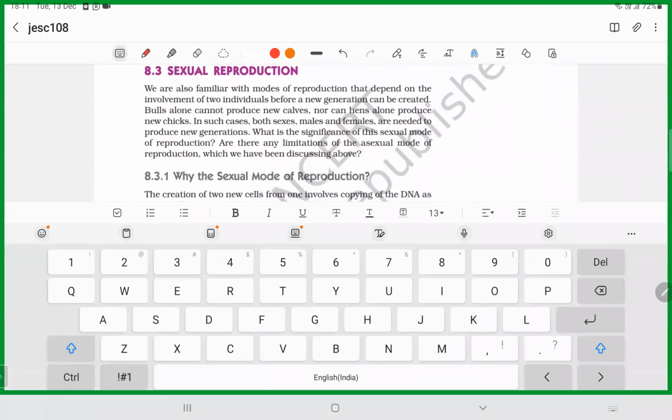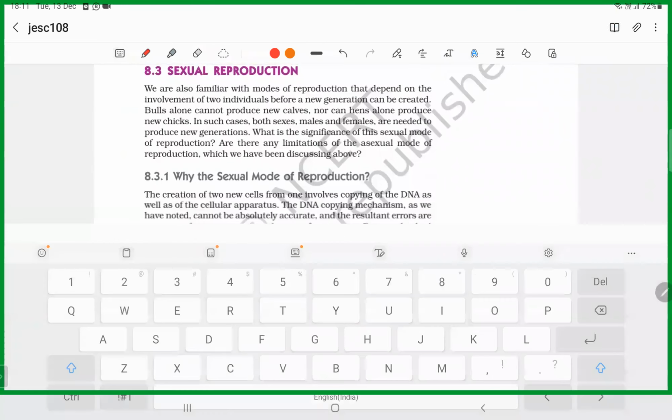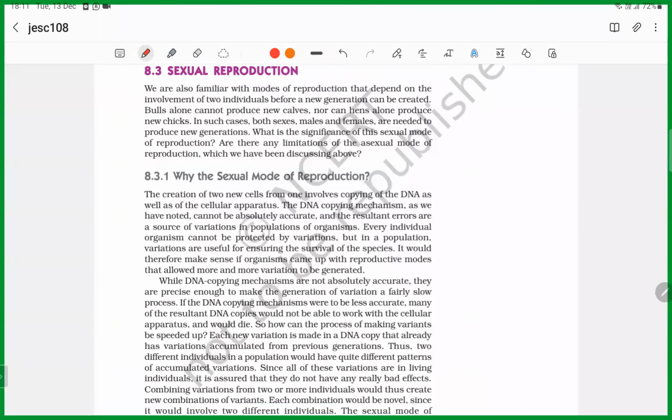So, what is the significance of sexual reproduction? In the last class, we saw that the significance of sexual reproduction is genetic recombination. Does it mean two parents are required, or is sexual reproduction possible with a single parent itself?